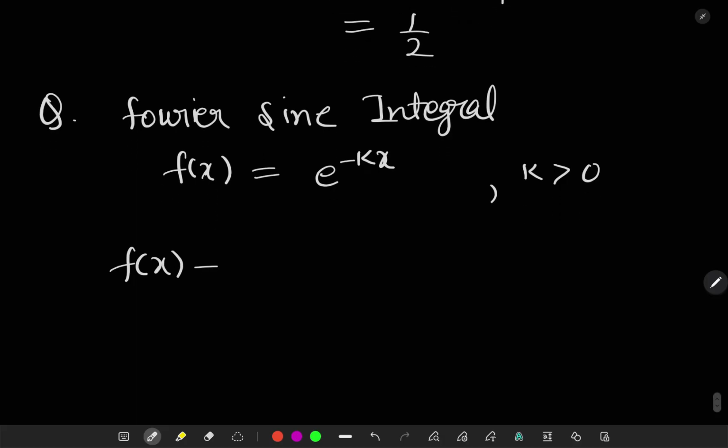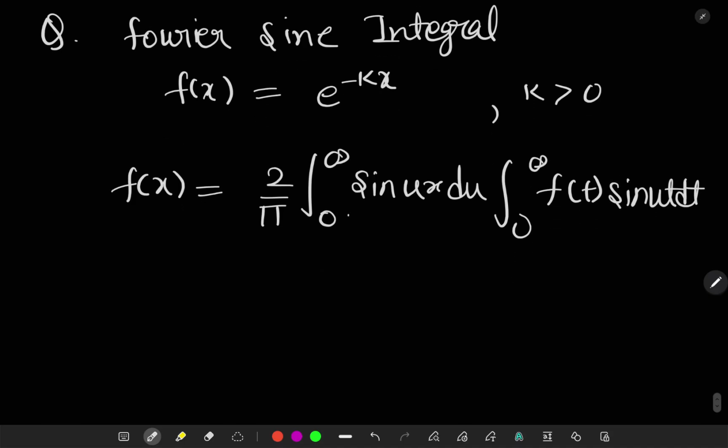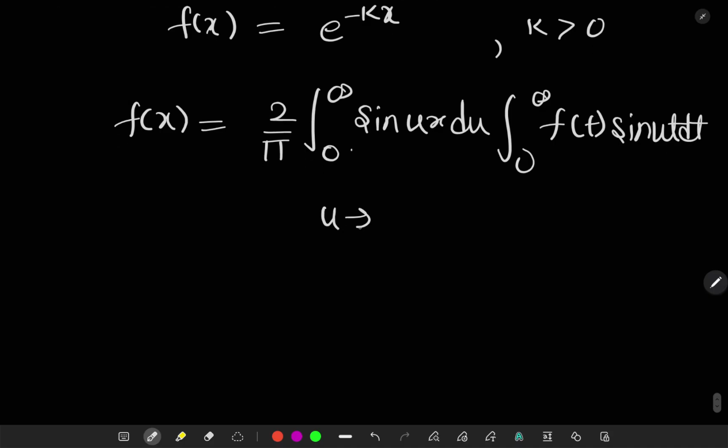Now Fourier sine integral is equal to 2/π integral 0 to infinity sin ux du integral 0 to infinity f(t) sin ut dt, and replace here u by λ and du by dλ.